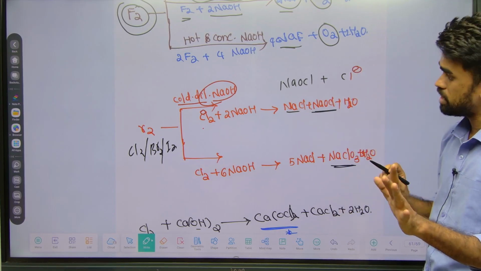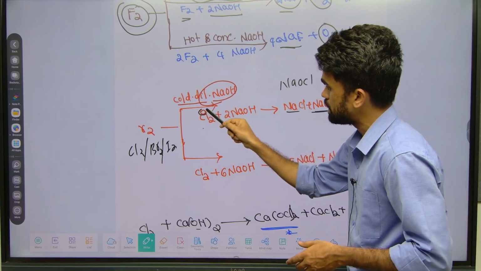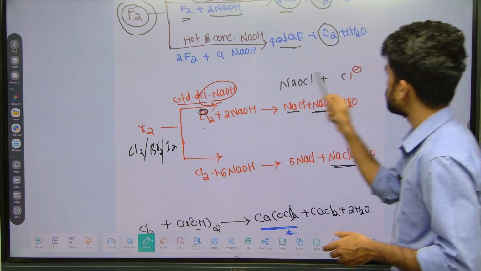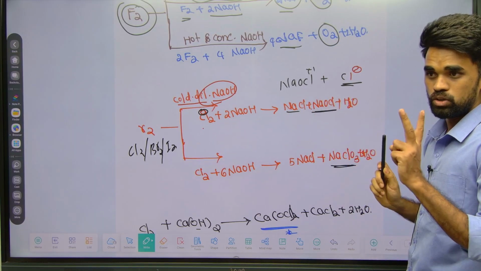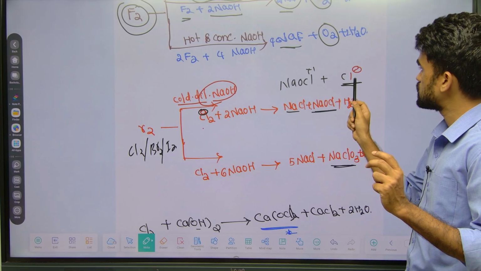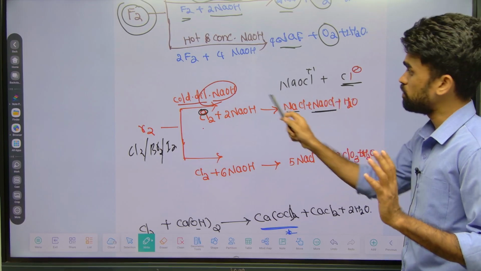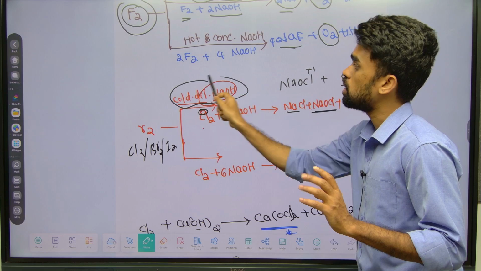So now what are the oxidation states formed? 0 is converting to -1, and here it will be +1. What are the two oxidation states formed? -1 and +1. In which case? It is cold dilute.